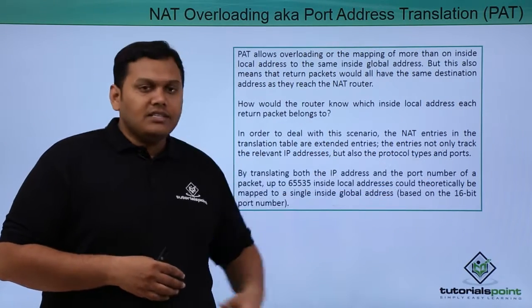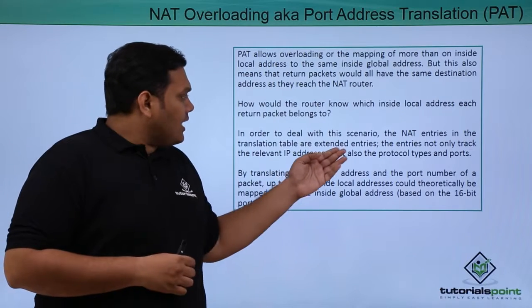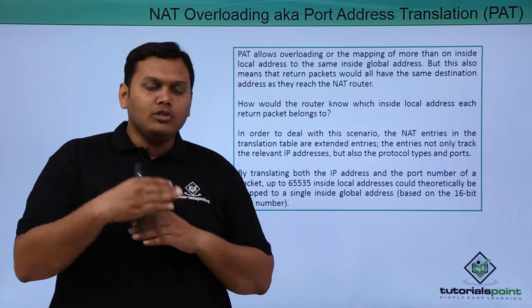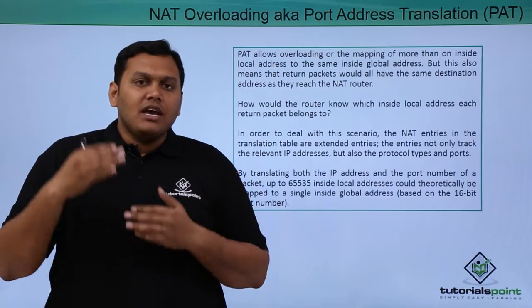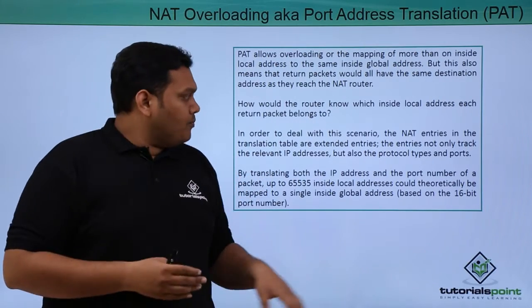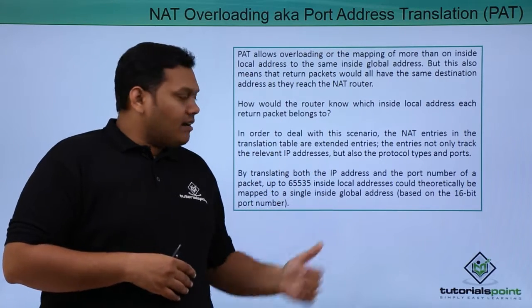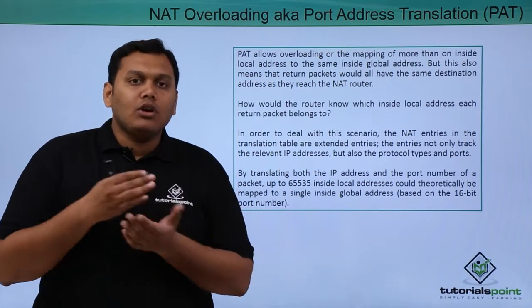The NAT entries in the translation table are extended entries. They give a clear idea of how the translation happens and to whom the packet should be returned. The entries track not only the relevant IP address but also the protocol types used.